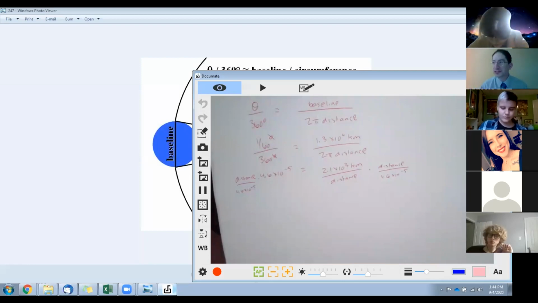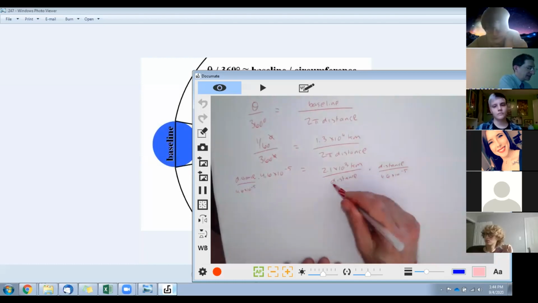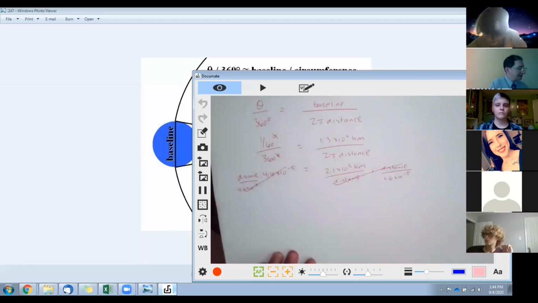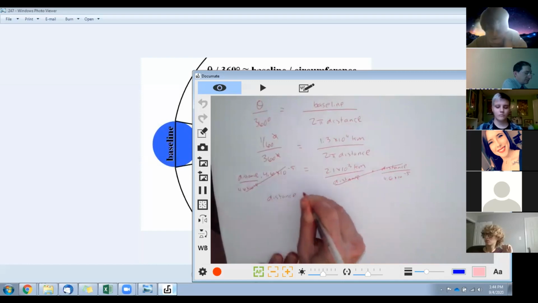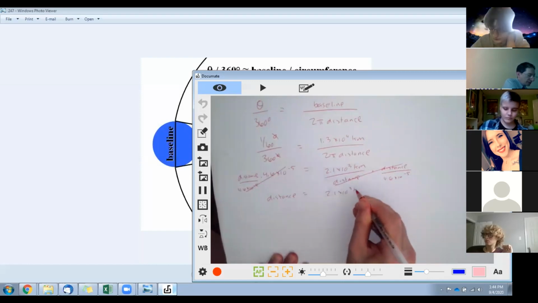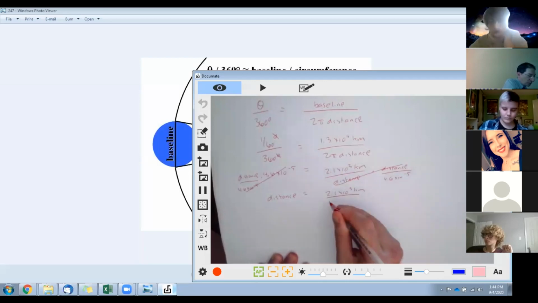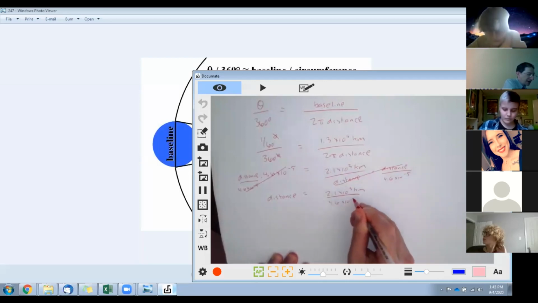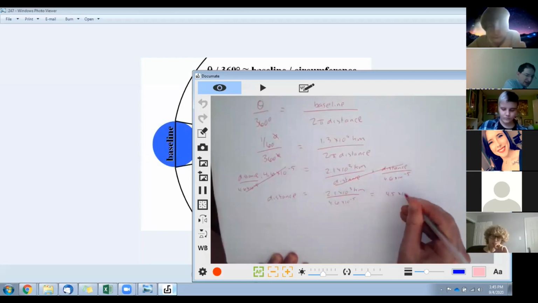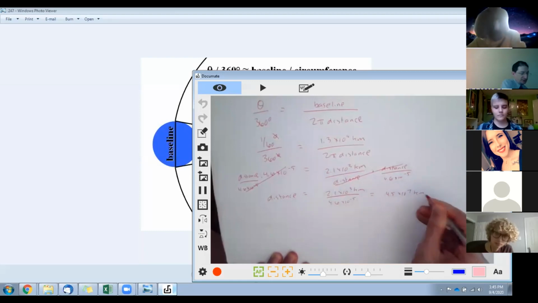Again, for many of you, this is old hat, but for some of you, this is a healthy reminder. I did this because distance cancels out on this side, and this number cancels out on that side. So I get distance by itself, and it's going to be equal to 2.1 times 10 to the 3 kilometers divided by 4.6 times 10 to the minus 5, which if you put in a calculator, you get 4.5 times 10 to the 7 kilometers.